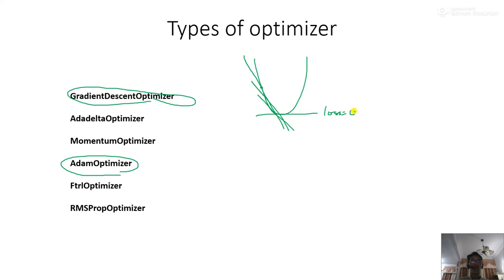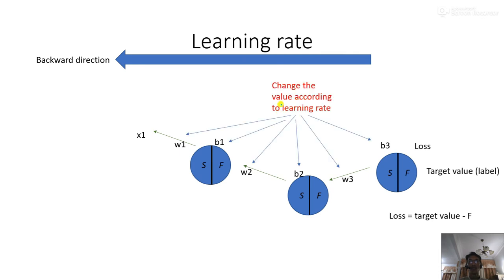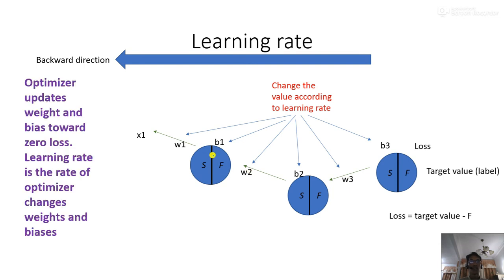The learning rate simply changes the value accordingly. If the learning rate is bigger, the change in W, W2, W1 is a little bigger. If the learning rate is smaller, the change, either decrease or increment, will be smaller. So when you're moving forward, it's going to reduce the loss.